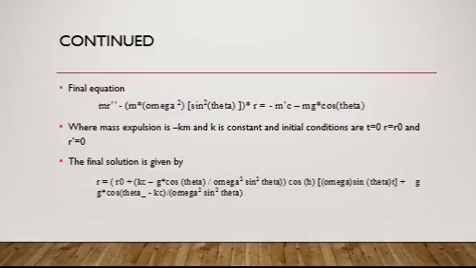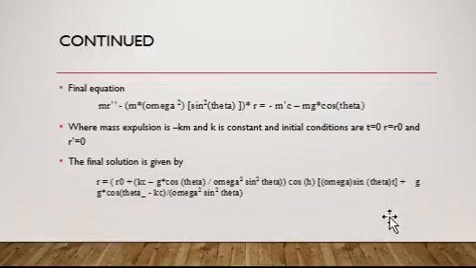Making the required changes to equation 2 per the above, we get the Lagrangian equation, which is m r double dot minus m omega square sine square theta into r is equal to minus m dash c minus m g cos theta, where mass expulsion is minus km and k is a constant, and the initial conditions are t is equal to 0, r is equal to r naught and r dot is equal to 0.